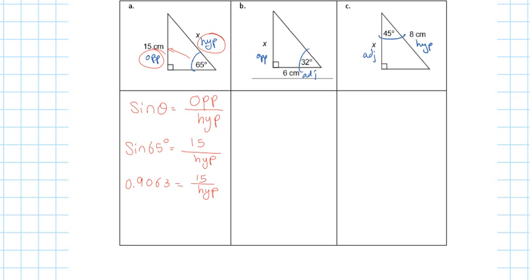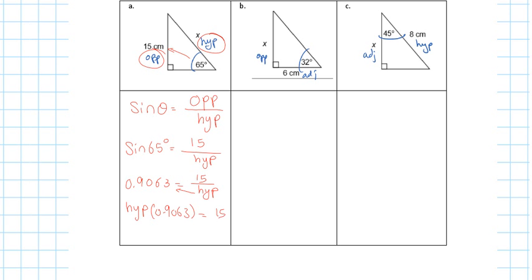Divide what? Okay, you want to isolate for the hypotenuse. That means you want to bring the hypotenuse to this side. When I bring the hypotenuse to this side, it's going to be the hypotenuse times 0.9063 equals 15.